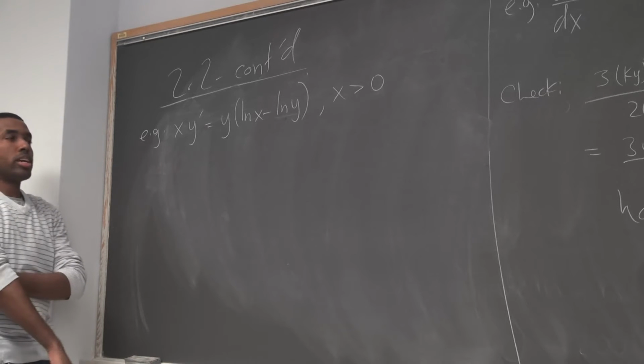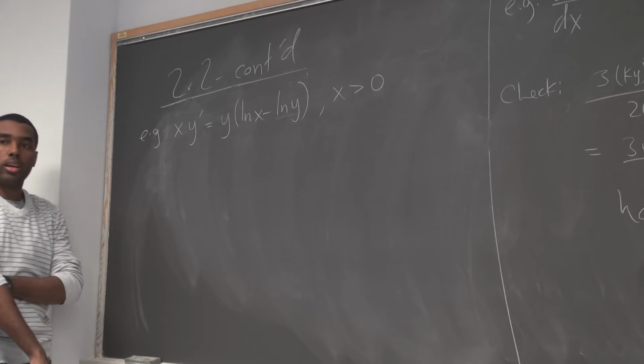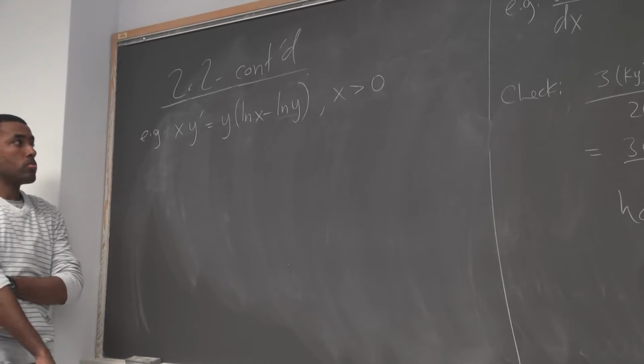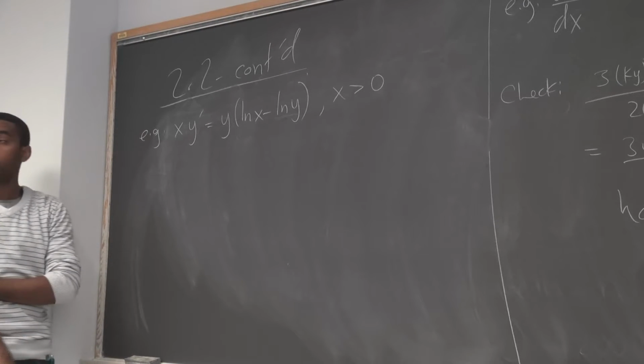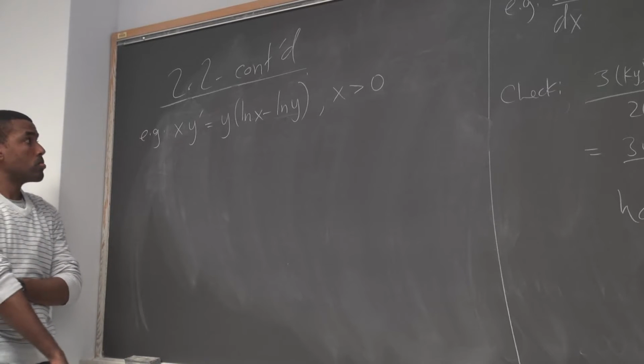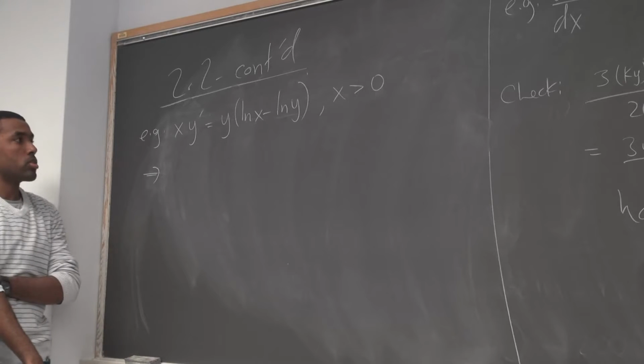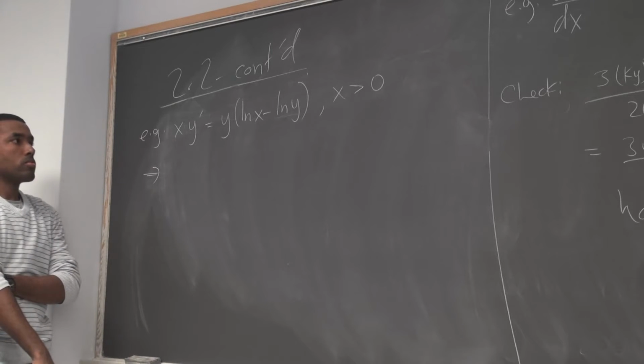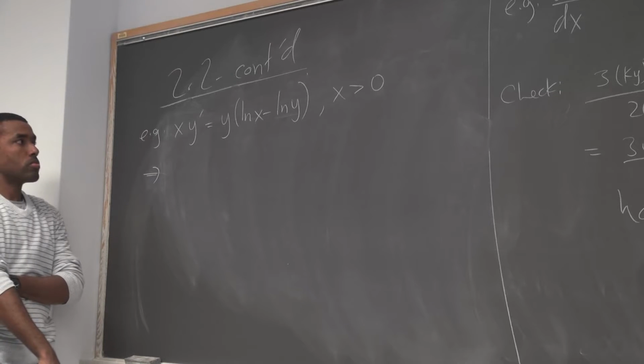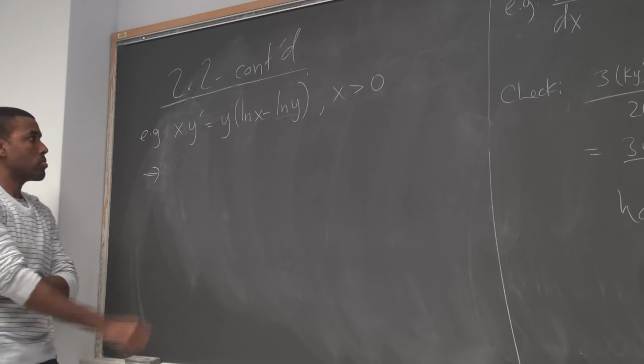So now we're trying to check, is it homogeneous? How do we check that? It's probably easier to write it in a nice form first. Take the logs together. We combine it to make it y ln of x over y.